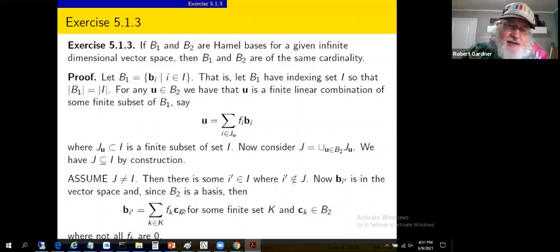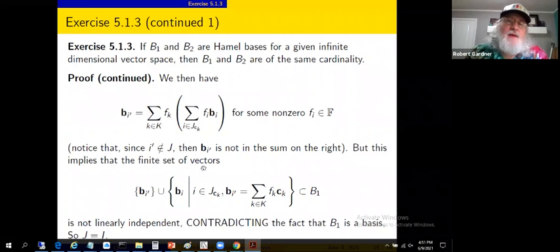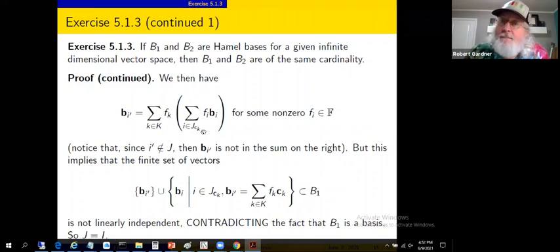So let's take all this linear combination, take these c sub k's and write each of them in terms of b sub i's. Next slide. We've taken c sub k and we've written it in terms of the b sub i's. Which indices is this going to require? The indices in J sub c sub k. The vector we want to write here is the vector c sub k. Then that'll require indices in set J sub c sub k.